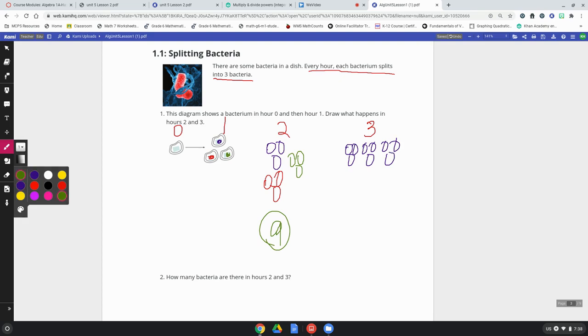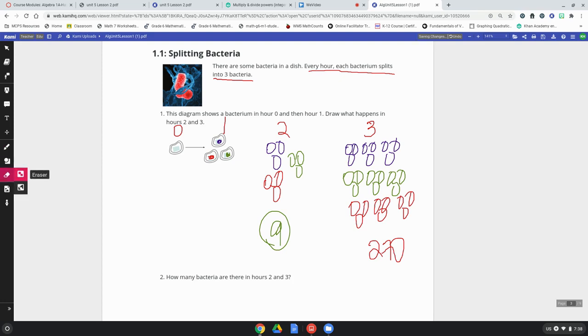Each of the green ones splits into 3. Each of the red ones, again, you guessed it, splits into 3. That gives you a total of 27.